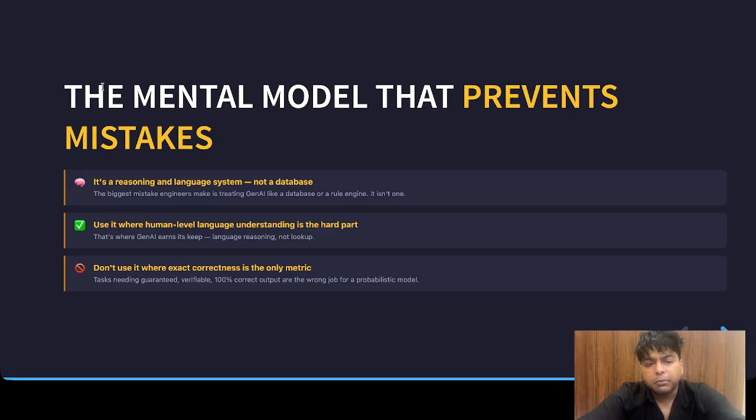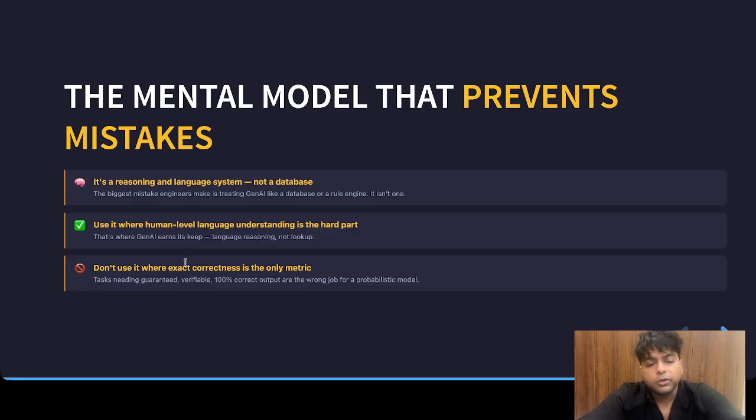Now, a mental model that prevents mistakes which we can follow: first, it's a reasoning and language system, not a database. The biggest mistake engineers make is treating generative AI like a database or a rule engine, but it isn't one. Second, use it where human-level language understanding is the hard part. That's where GenAI earns its keep: language reasoning, not lookup.